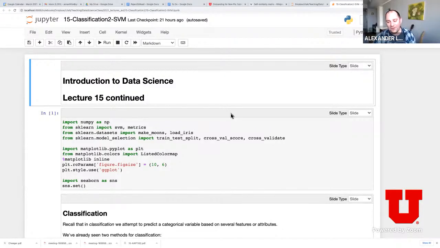Let's suppose by chance we picked a data set where the age of 6 perfectly splits your data set into survived or died. But that might not hold for the general data set. That might just be a random artifact of this particular subset that I used to train it on.